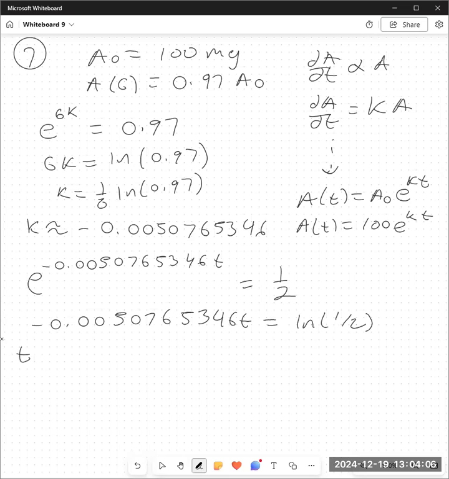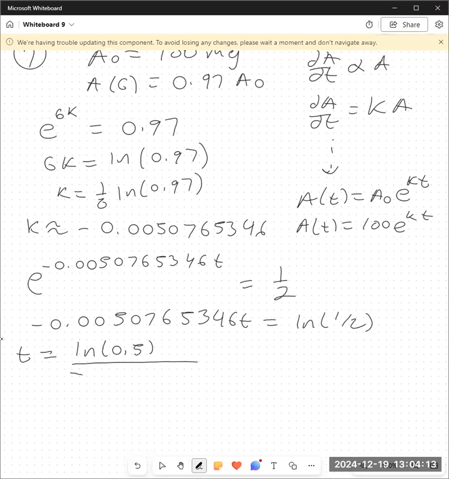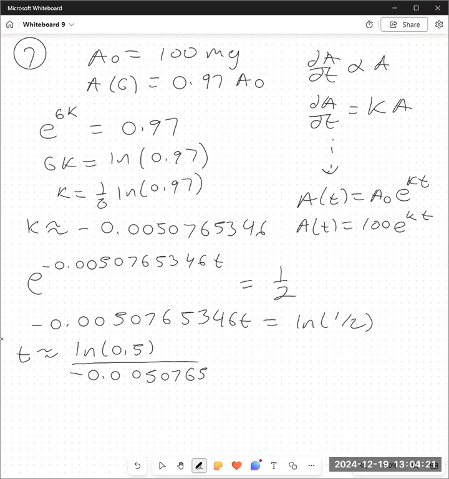And t is going to be exactly equal to ln of 1/2 divided by negative, well, I'll say approximately because we rounded that, 0.0050765346.